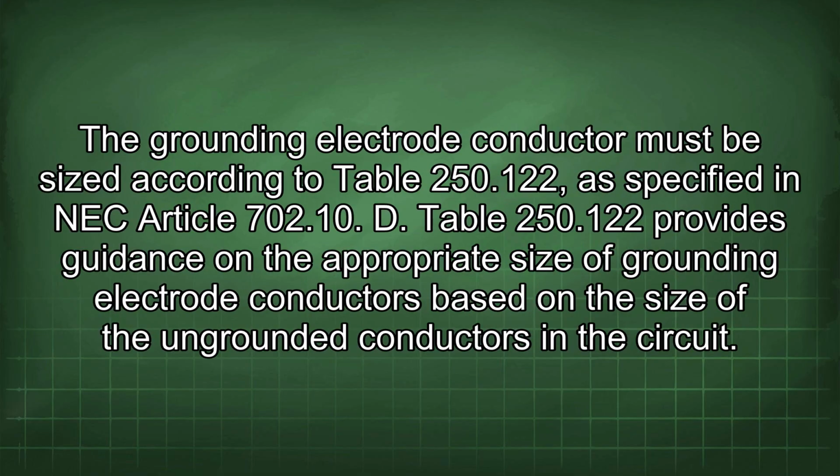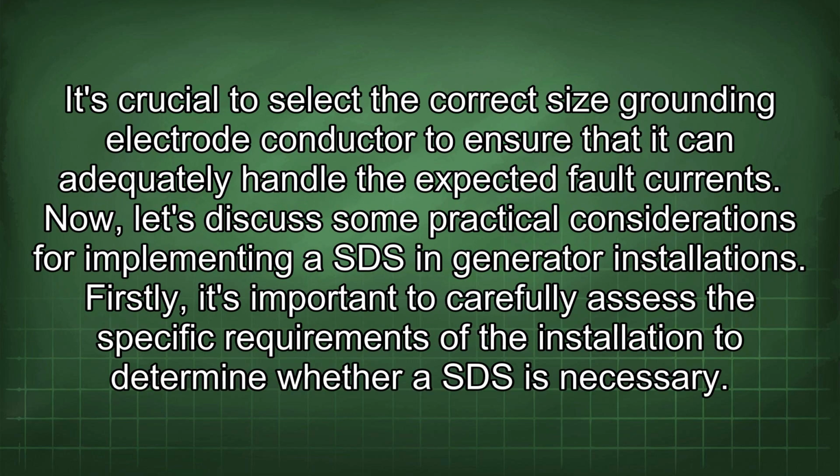The grounding electrode conductor must be sized according to Table 250.122, as specified in NEC Article 702.10. Table 250.122 provides guidance on the appropriate size of grounding conductors based on the size of the ungrounded conductors in the circuit. It's crucial to select the correct size conductor to ensure that it can adequately handle the expected fault currents.